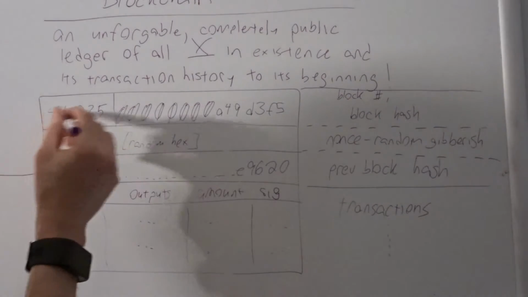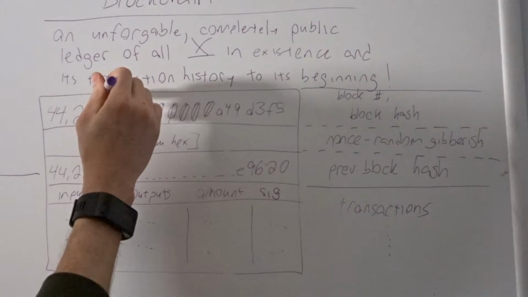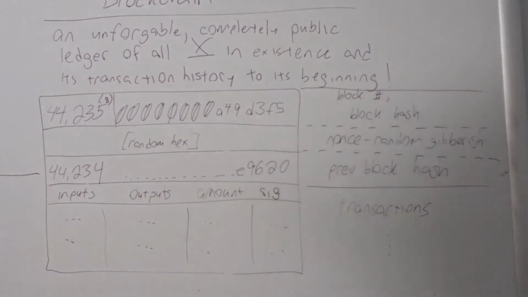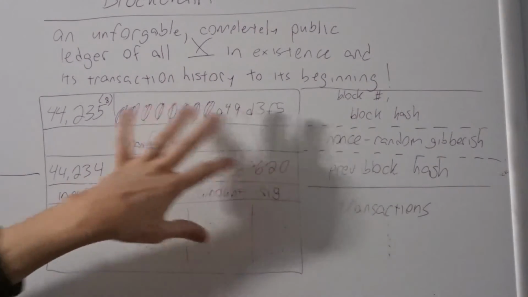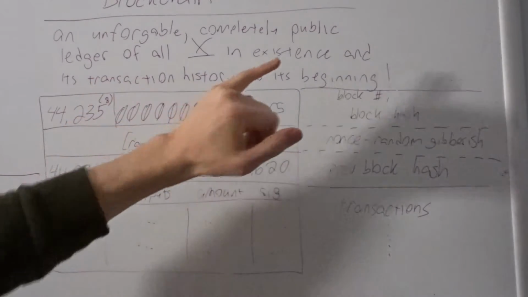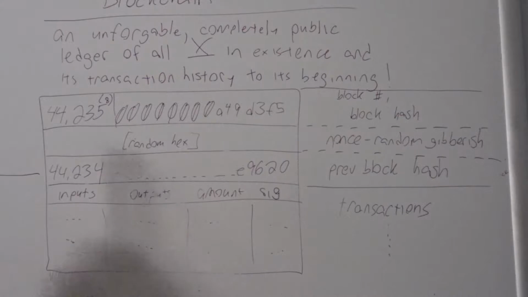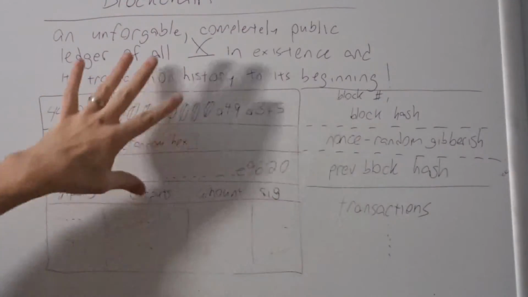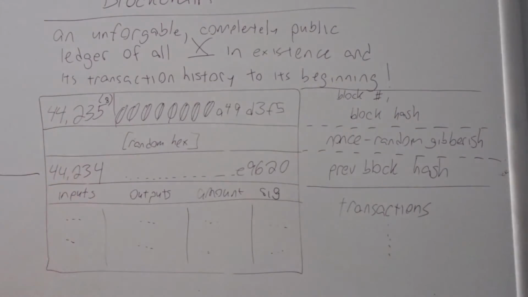So it could be that from blocks 40,000 to 50,000, we need 8 zeros, and any miner will be able to look at the random hex and all of the other data and do a hash, and it better get 8 zeros, or it rejects this block and says, this is not something I can add to the history. So the function of each of these machines is to attempt to have that aha moment of, this is it, this is the random string to make the block valid.